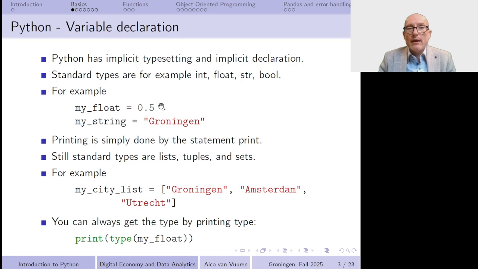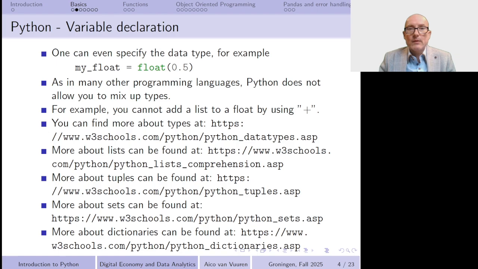Of course, we can add up two floats with each other. So if I have another float, for example my float number 1, that is also equal to half, then I can add them up to each other, but we cannot do that at the moment that we have two different data types.